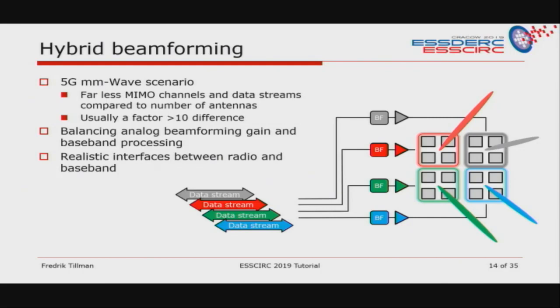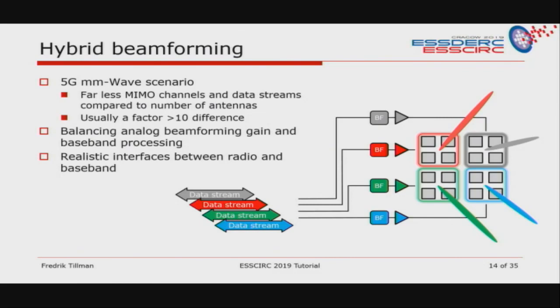So, is it possible then to combine analog properties and digital properties in a good way? And this is what we try to address in the hybrid beamforming scenarios, where you still use a lot of antenna elements. You need to have your gain in place, but you subdivide your big antenna array into subarrays.